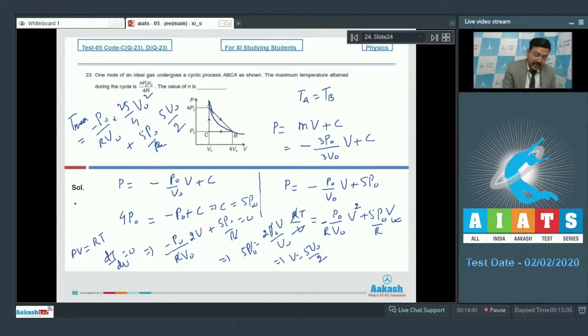Solving, this comes out to be 25 P naught V naught by 2R minus 25 P naught V naught by 4R. This value is coming out to be 25 P naught V naught by 4R. Now if I compare it with the given expression, we can see that the value of n is 25. So our answer to question 23 is 25.